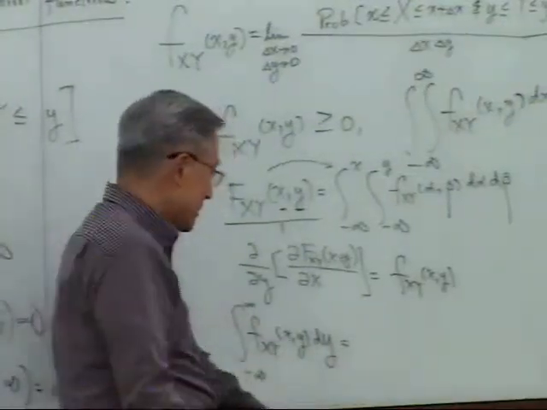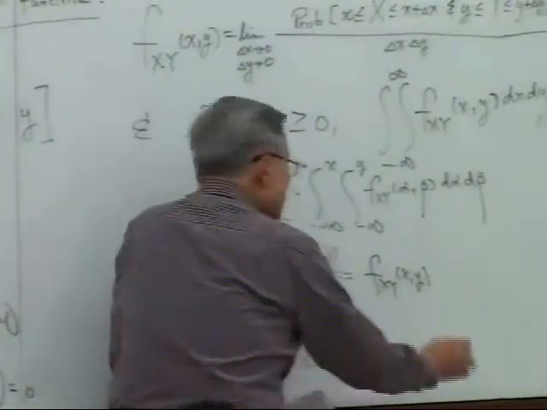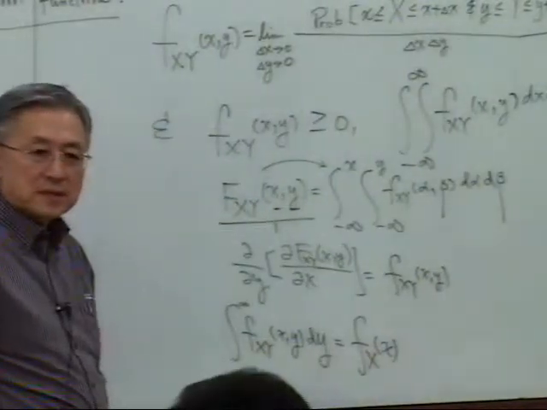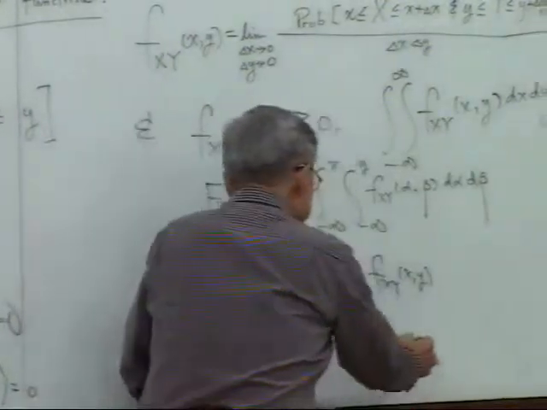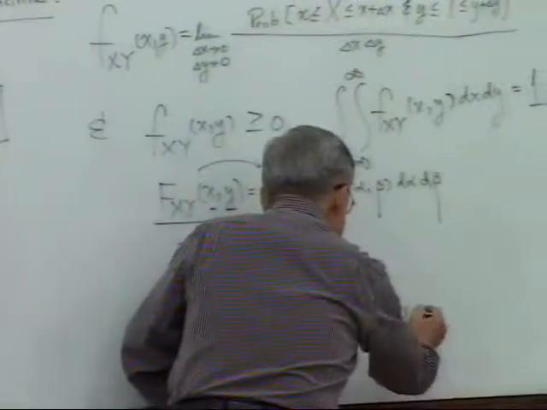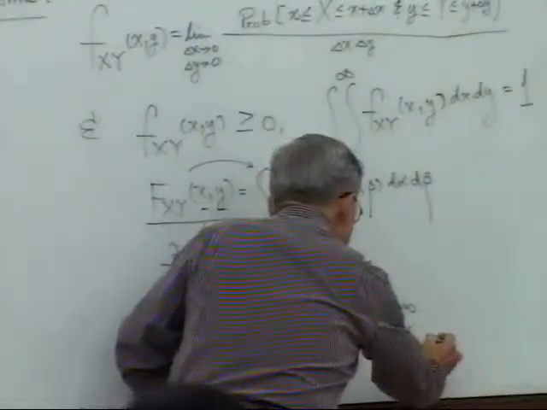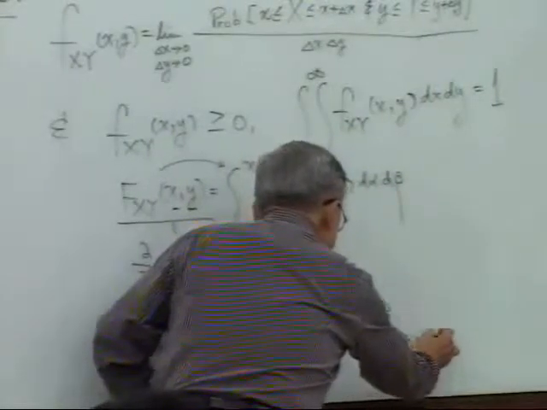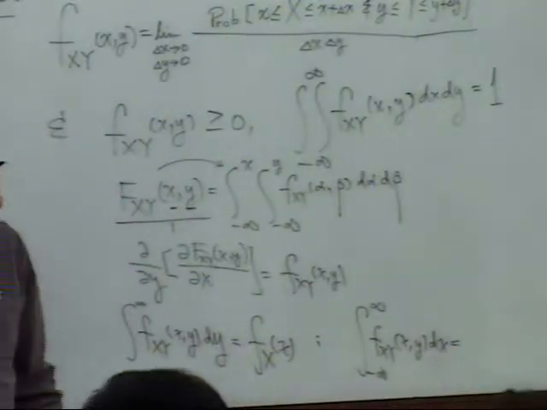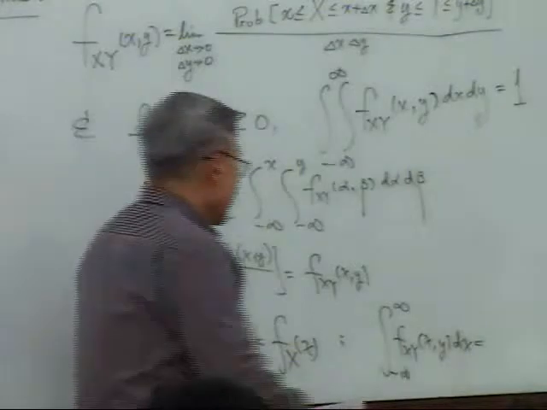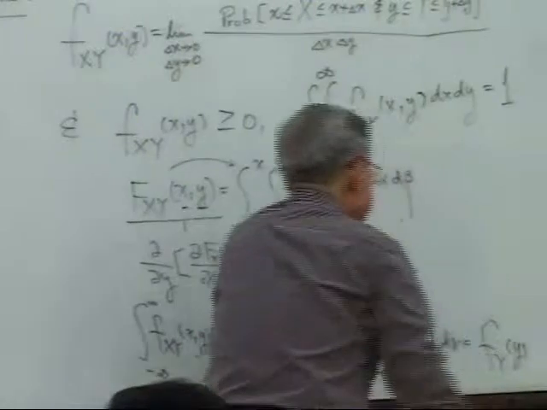It's just condensed right out. Then this will be simply fX of x. And if you integrate out dx, it is equal to what? F Y of y.